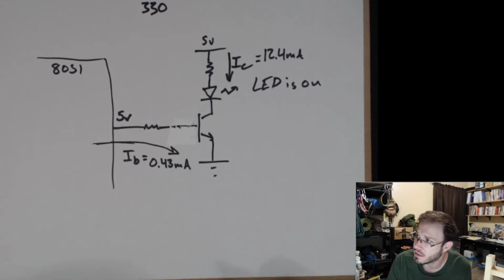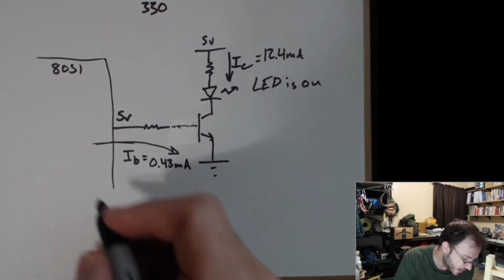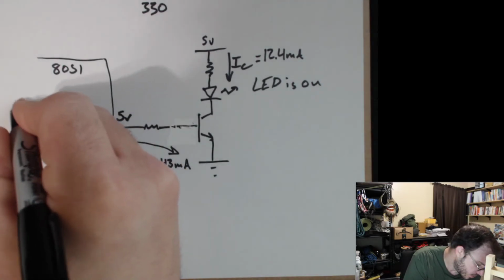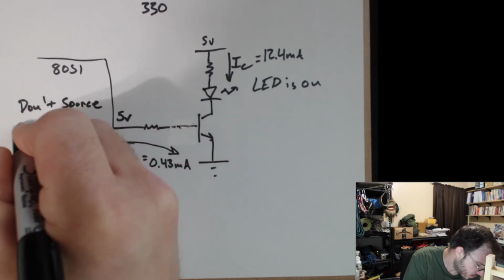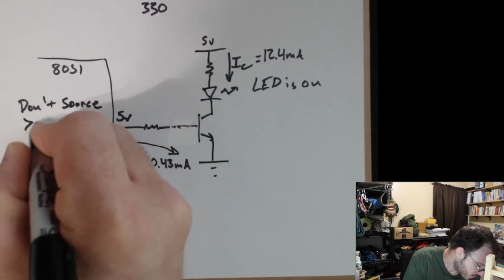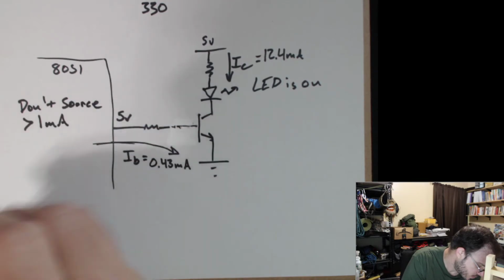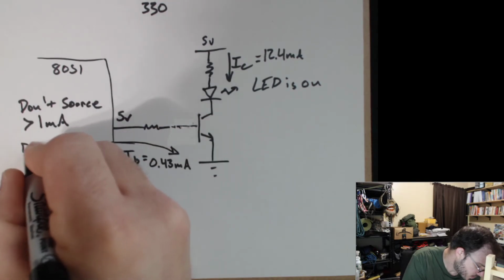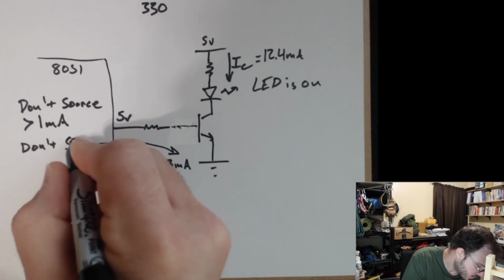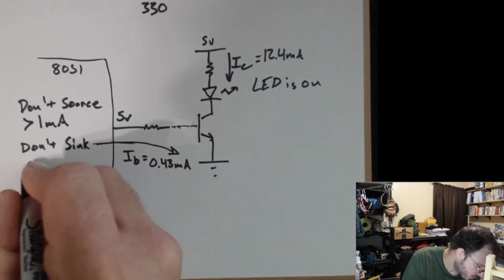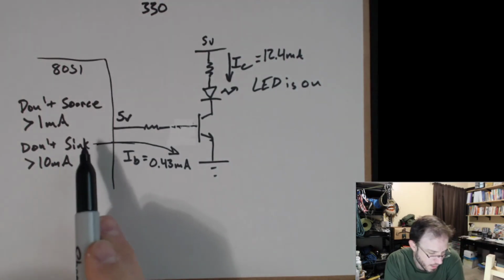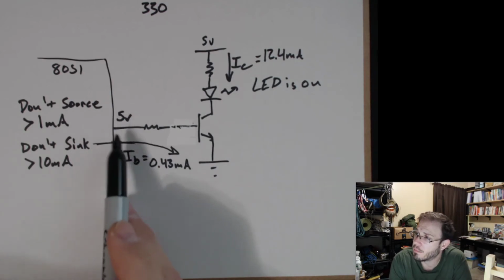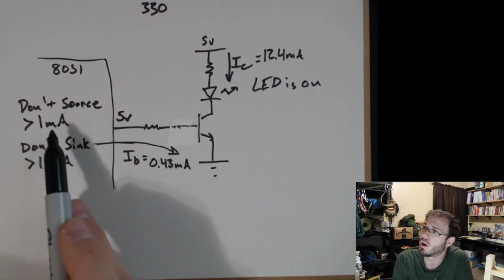Now it depends on the device, it depends on the part, but generally speaking, for these logic pins of a microcontroller or any digital device, you don't want to source more than 1 milliamp.